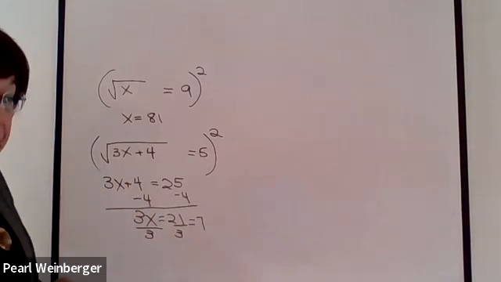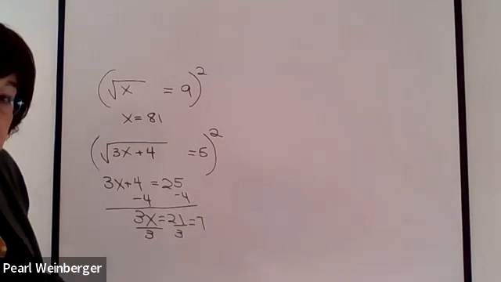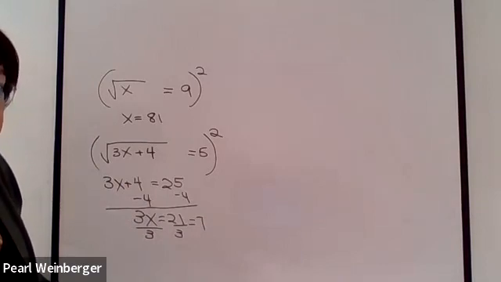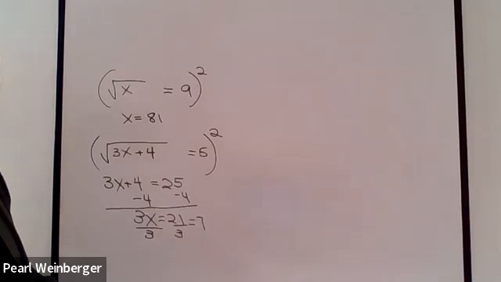Now, I don't know if you remember, we just did rational equations that had fractions in them. We really had to make sure that we checked our answer, because sometimes the answer made the denominator equal to 0, and you can't have the denominator equal to 0. So you have to check your answer to make sure your denominator is not turning equal to 0.